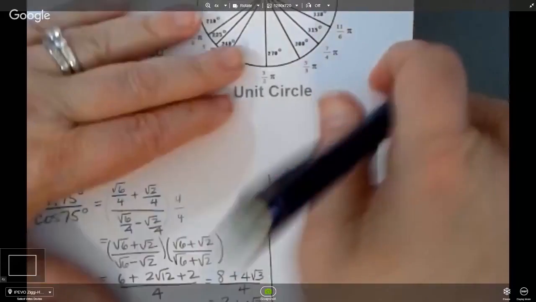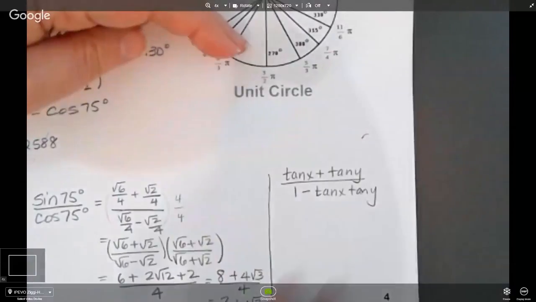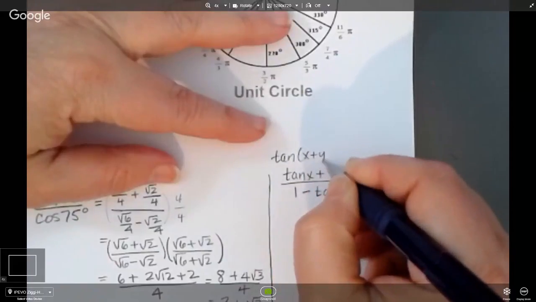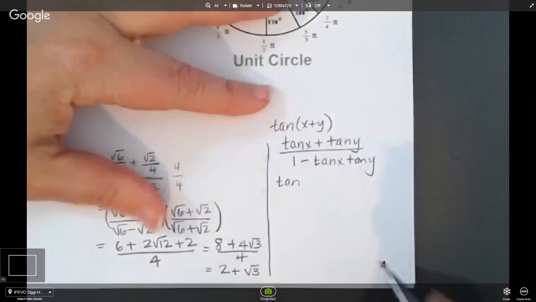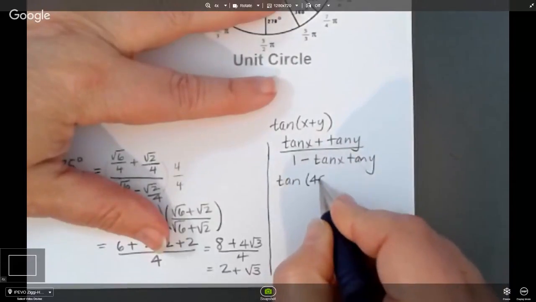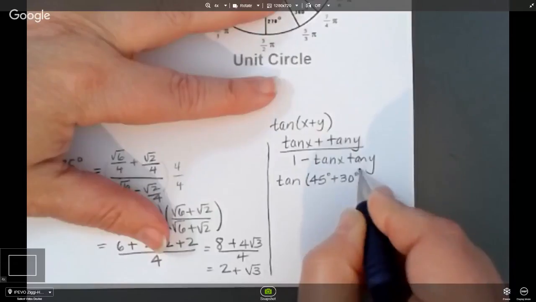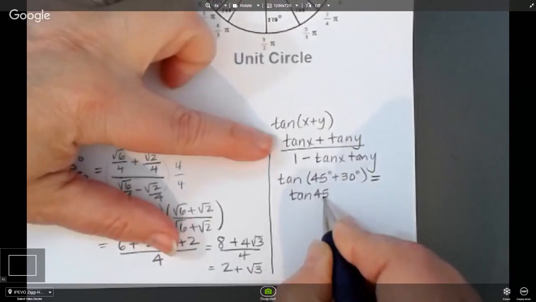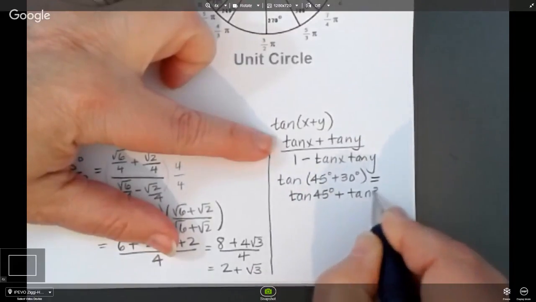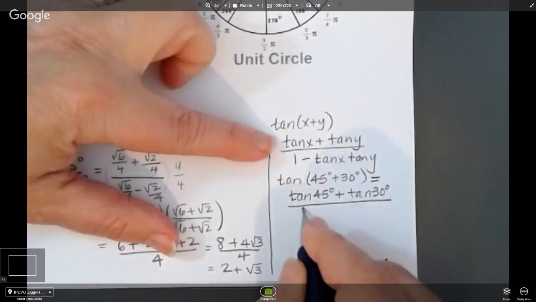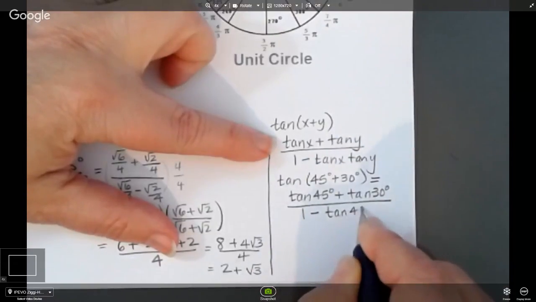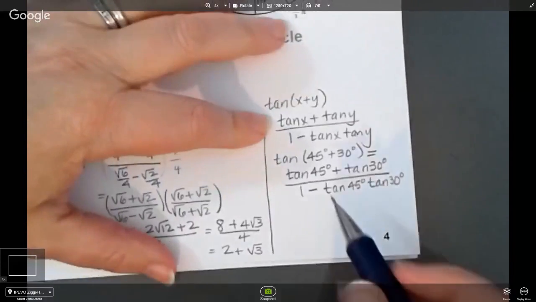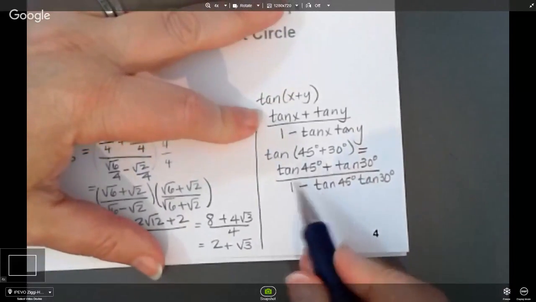Okay, so let's say we want to find the tangent of 75 using 45 and 30, which we've been doing all along. So this is equal to the tangent of x plus y. So if we want the tangent of 45 degrees plus 30, which is the tangent of 75, that's going to equal the tangent of 45 degrees plus the tangent of 30 all over 1 minus the tangent of 45 degrees times the tangent of 30, which are all unit circle numbers that we should know. And I like tangent of 45 because it's a nice, easy number called 1.